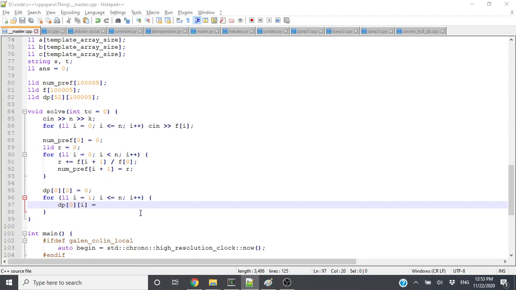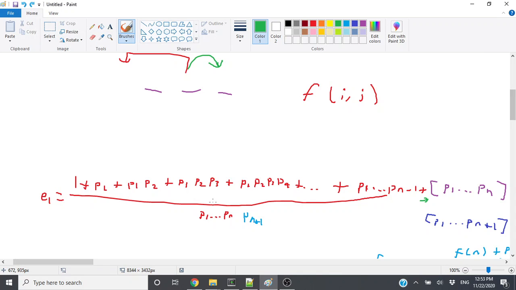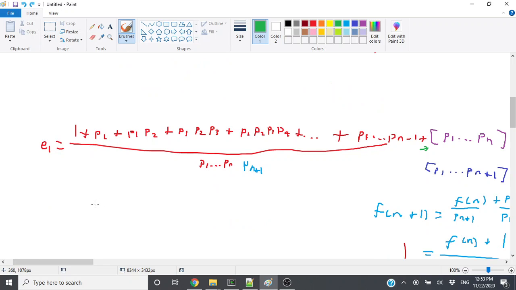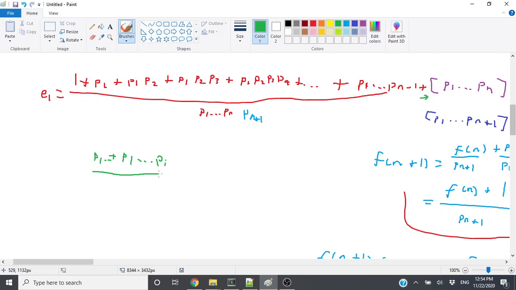0 i is equal to what? It would be p1 plus p1 up to pi over p1 up to pi.